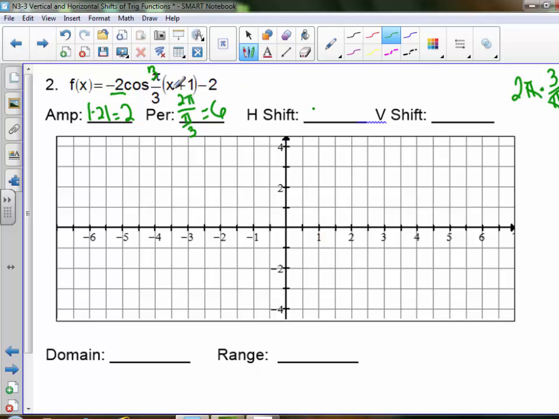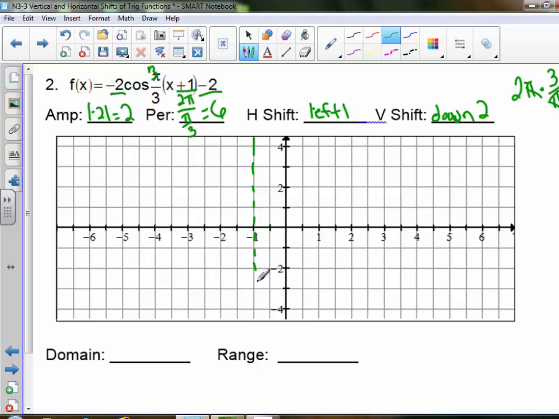Our horizontal shift is here, +1, so that means left 1. And our vertical shift, -2. So that's going to be down 2. All right, so the first thing I'm going to do is set up where we shifted to. We went left 1. So from here to here is a distance of 1 on the x-axis.